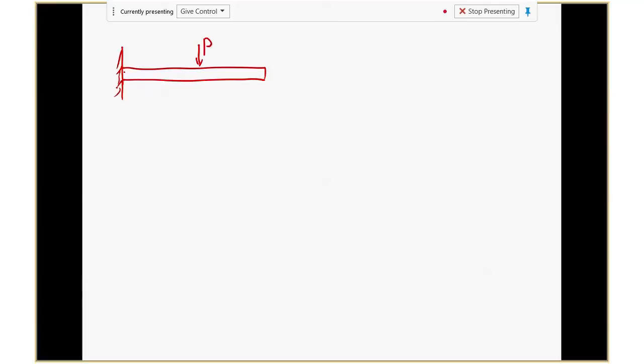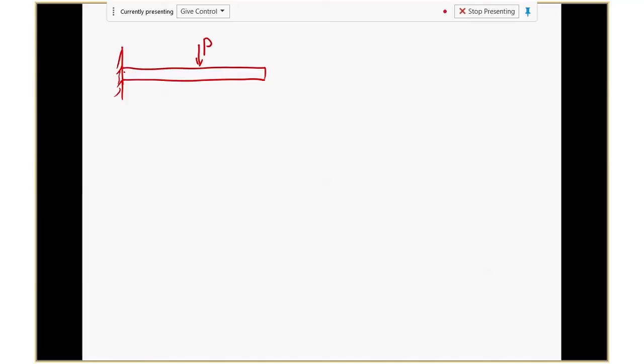Now, is this beam determinate or indeterminate? Determinate. How can you know so quickly that it's determinate? We saw it before. What's indeterminate? That is when you have lots of restrictions, reaction forces or moments, and when you write the equations of equilibrium, you cannot find the reactions by using equilibrium alone.